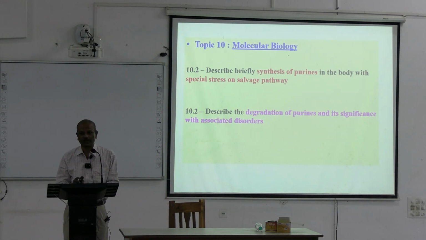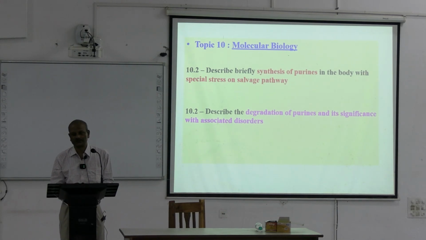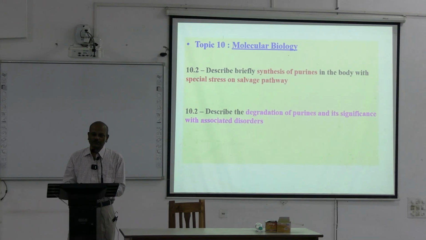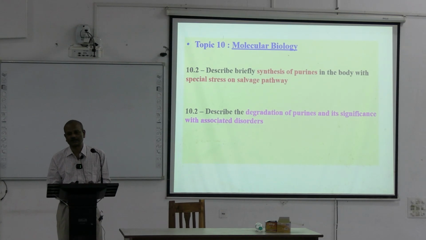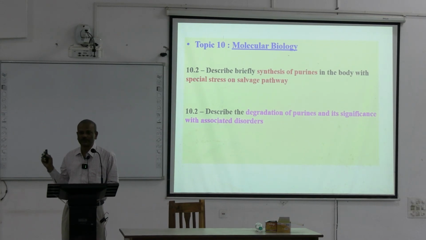To enter from the cytoplasm to the nucleus, it must go through the nuclear pore. There is a nuclear pore complex. I'll show that structure in a very short while. Through that structure, it enters into the nucleus. Similarly, through a special transporter, these purines are transported inside the mitochondria.